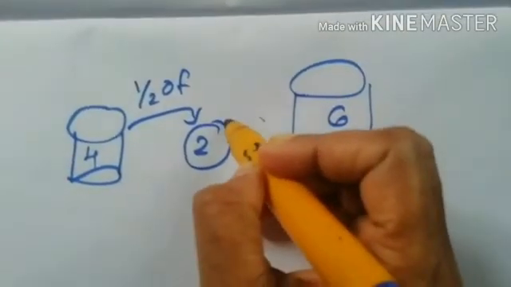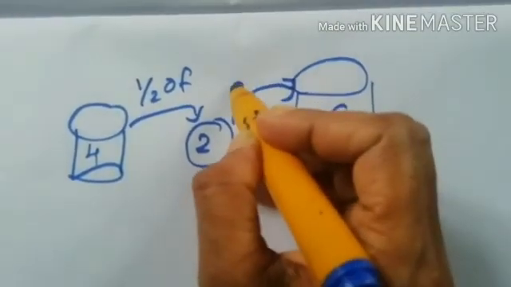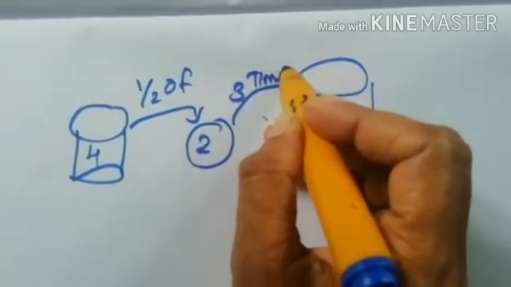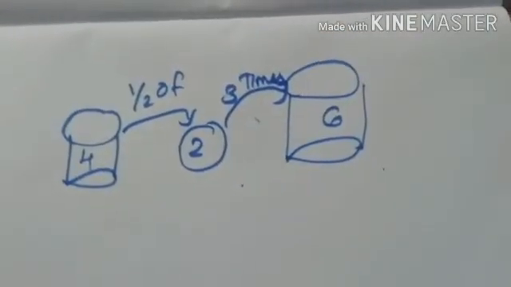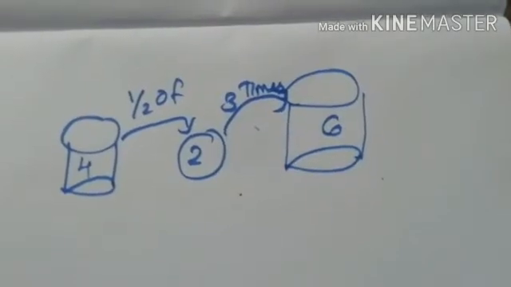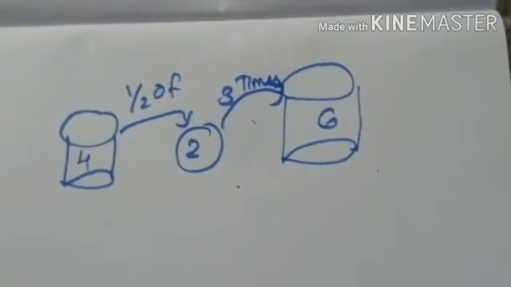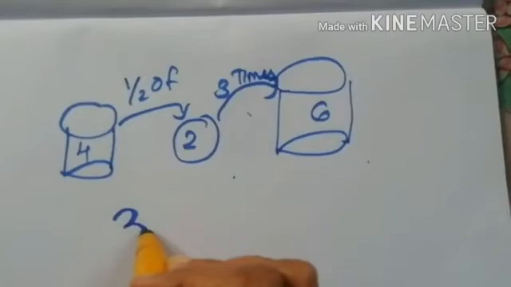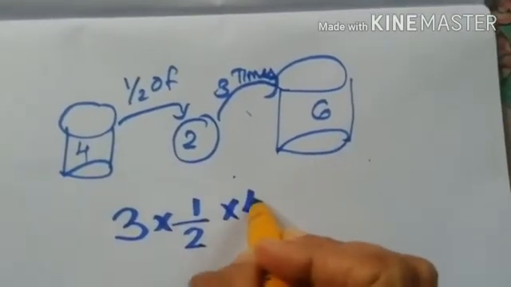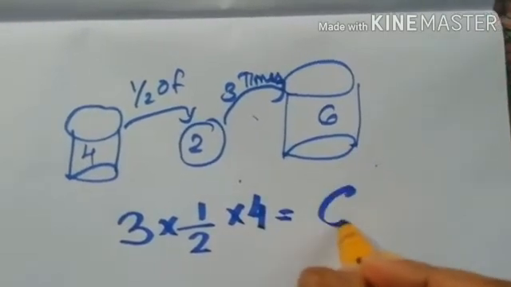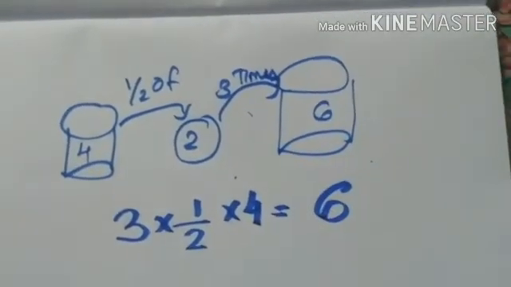Then 3 times 2 is 6. Here we can say that 3 times 1 by 2 of 4 is 6. Like this, 3 times 1 by 2 of 4 is equal to 6. Is it okay?